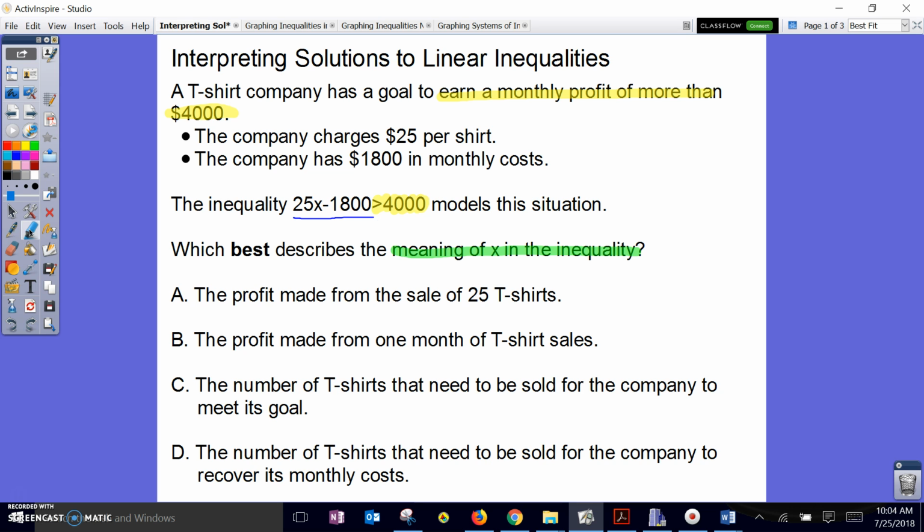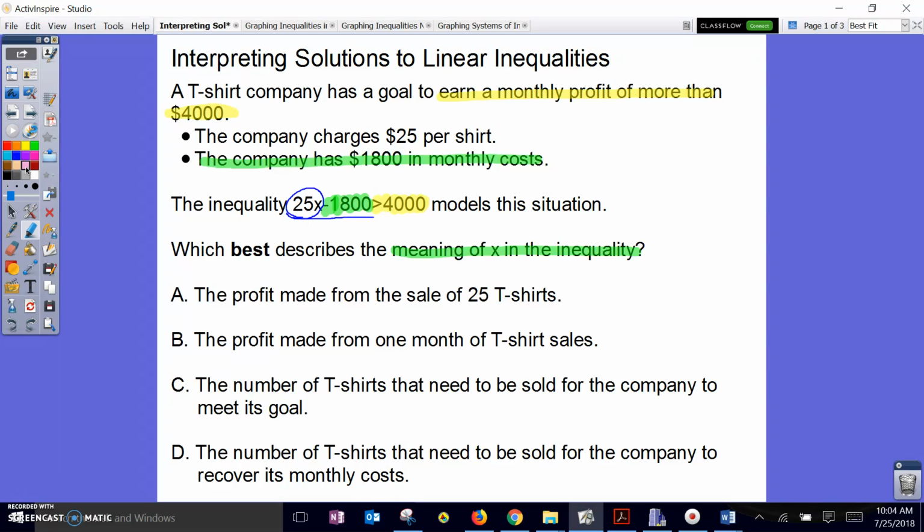Now looking a little further here, we have $1,800 in monthly costs. We see that in our model right here, which we're subtracting away. And so if the profit is greater than 4,000 and we have $1,800 in monthly costs, this right here is the company's revenue from selling t-shirts.